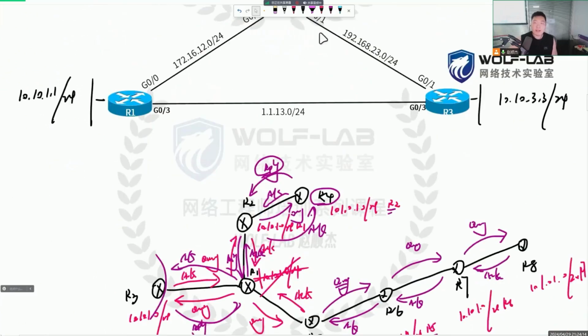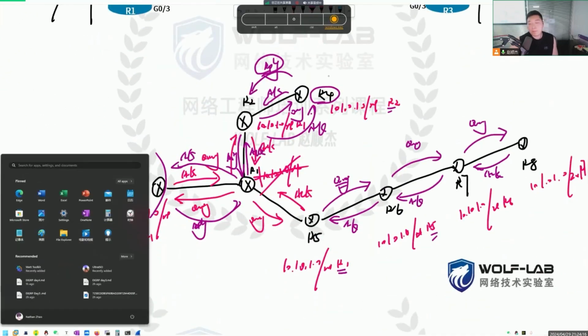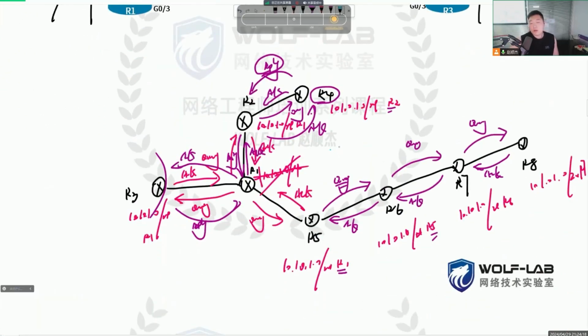For example, our disconnected link is here, between R8 and R7, and R7 cannot receive a reply message from R8. Students will say, is it possible that after this link is disconnected, the query message R7 sends to R8 can't receive the ACK at all?